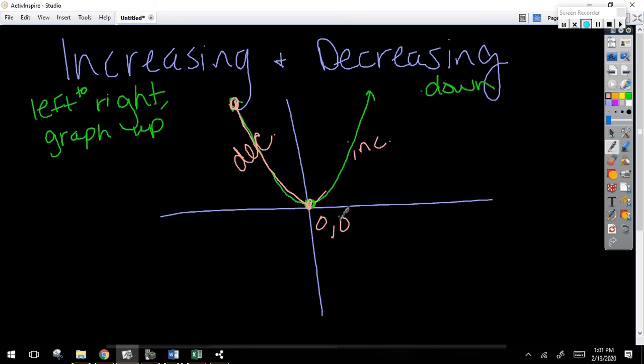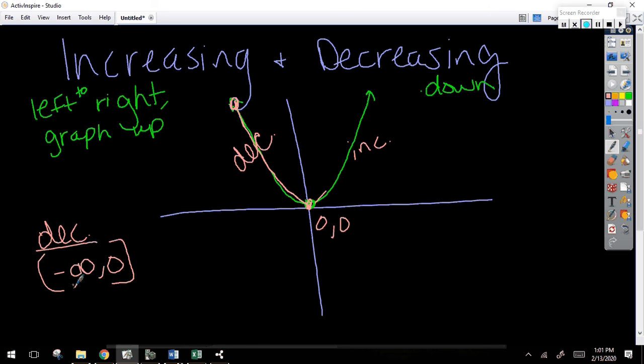If this is 0, 0, over what interval is the graph decreasing? Negative infinity to 0. Do you see why?